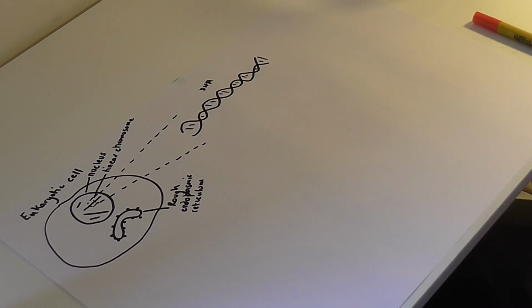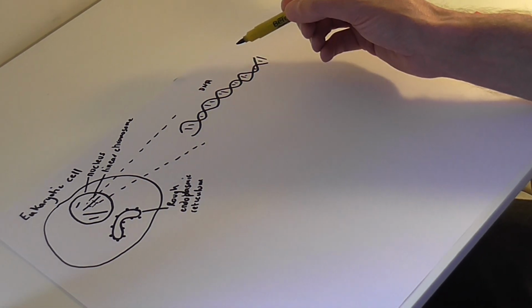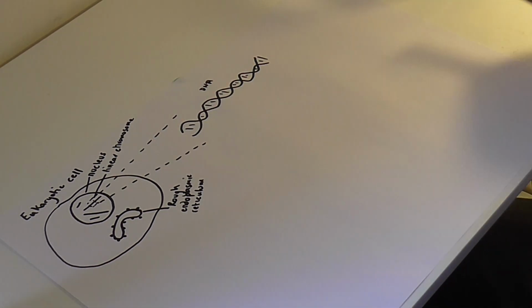We need to talk about what a gene is. So a gene is a specific sequence of DNA bases that's going to code for a polypeptide being formed at a ribosome.